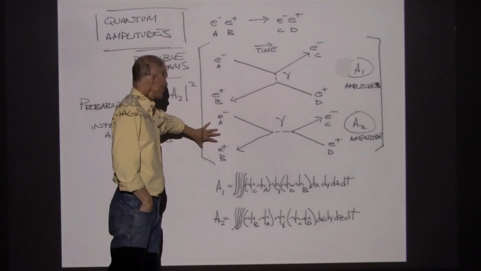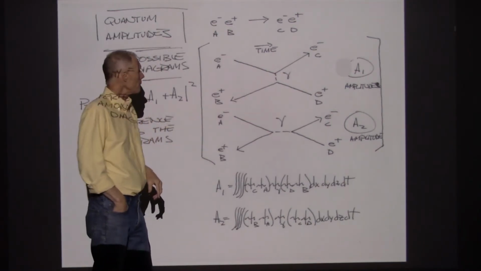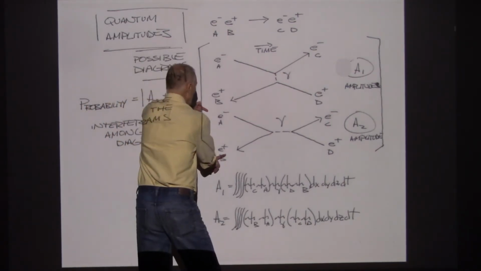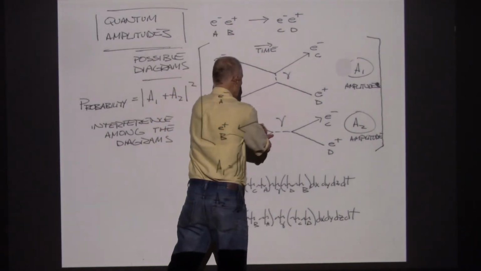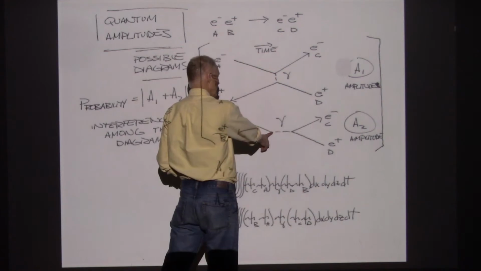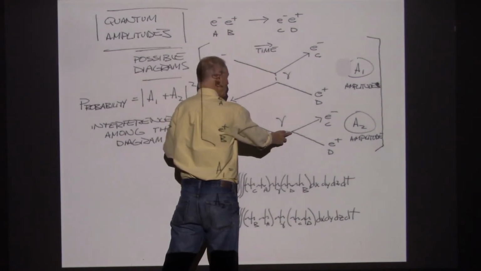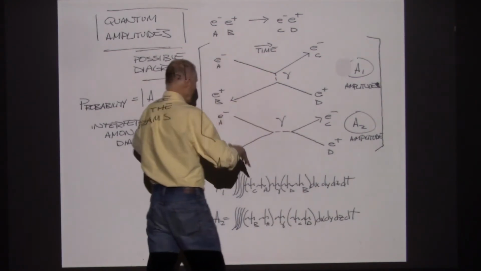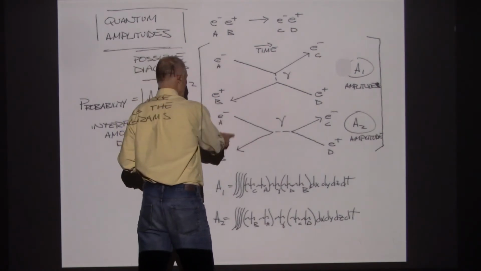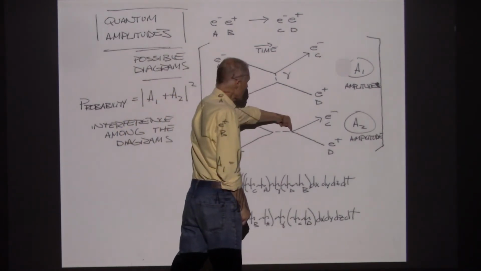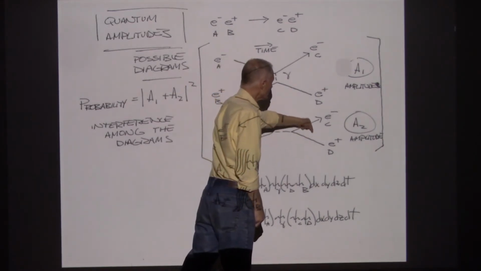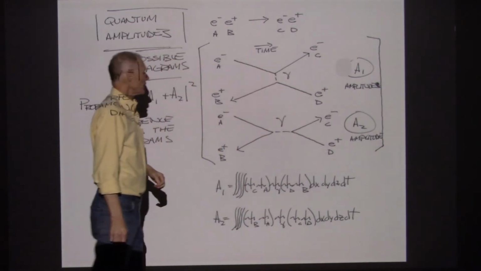Well, there's another possibility as to what happened. It could be that the electron and the anti-electron came in and they annihilated right there, and that the photon then took the combined energy and momentum of these particles and ended up creating a new electron-anti-electron pair.